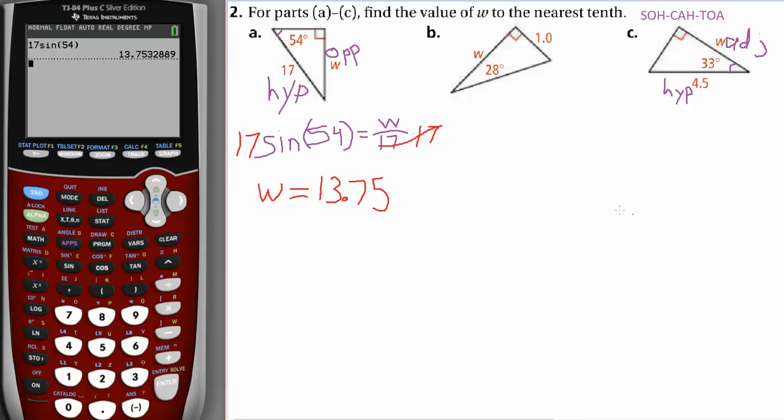So since we have adjacent over hypotenuse, we're talking about cosine, because cosine equals adjacent over hypotenuse. So cosine 33 equals W over 4.5.